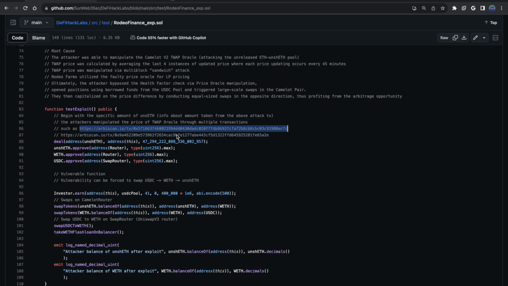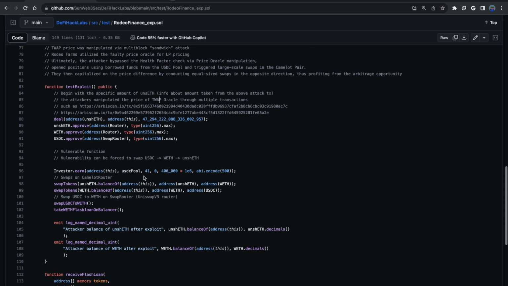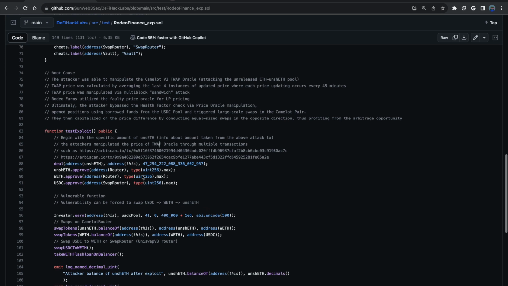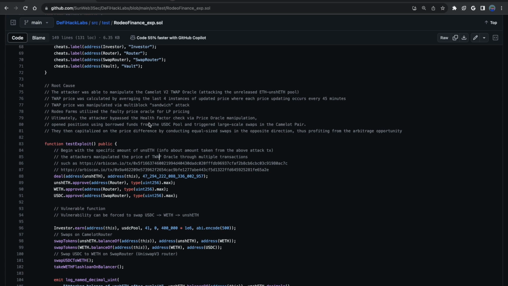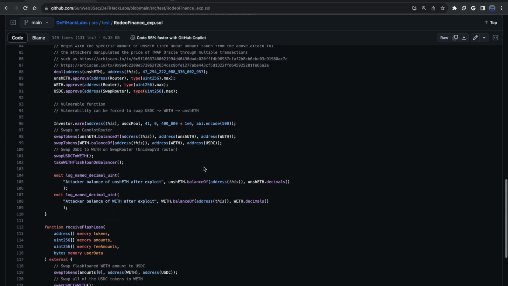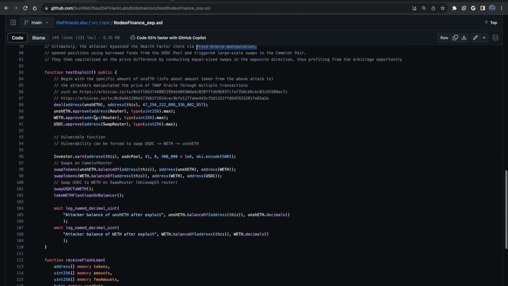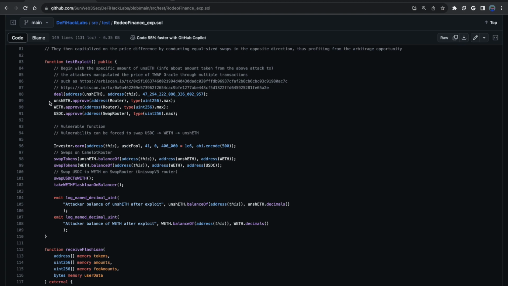Okay. So they manipulated the price oracle, and then there was also a vulnerability in the health factor check for the price oracle manipulation attack. So essentially, the attacker was able to bypass this when they manipulated the oracle. And so they performed their swaps.